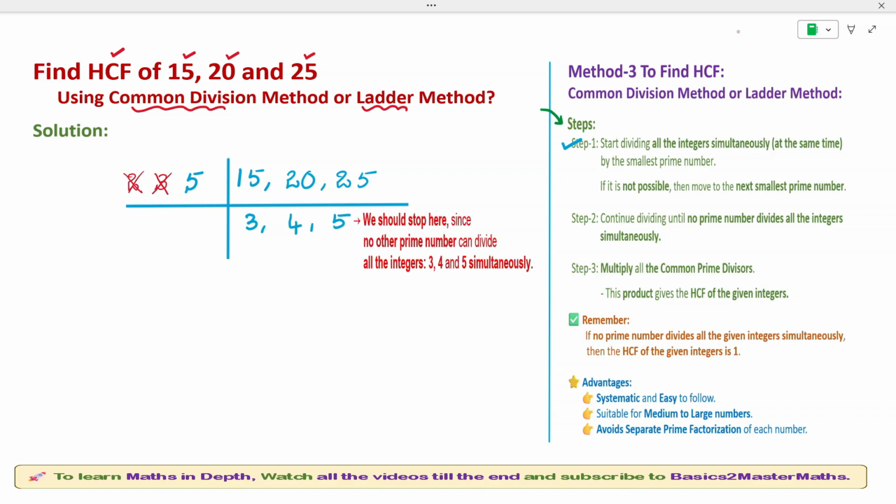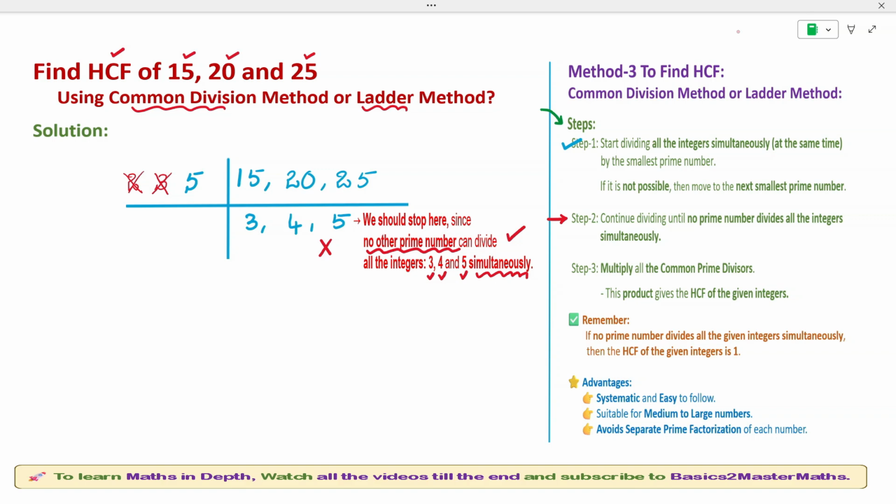Observe here, as per step 2, we should stop here since no other prime number can divide all the integers 3, 4 and 5 simultaneously.